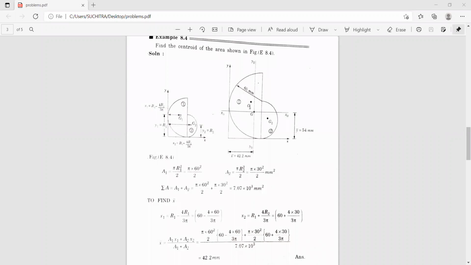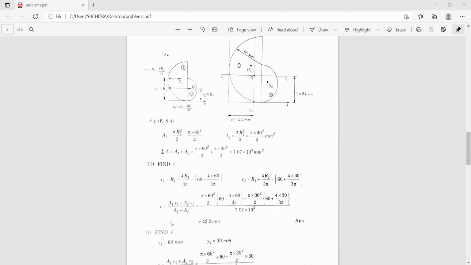Hence y1 is 60 millimeters and y2 is 30 millimeters.